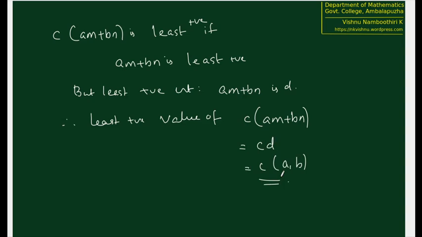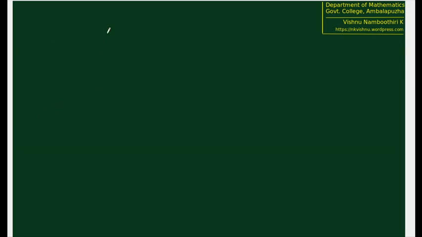That's it. So we are establishing this result not using Bezout's identity directly, but in fact using the fact that d is the least positive linear combination of a and b. Now we have another interesting problem.